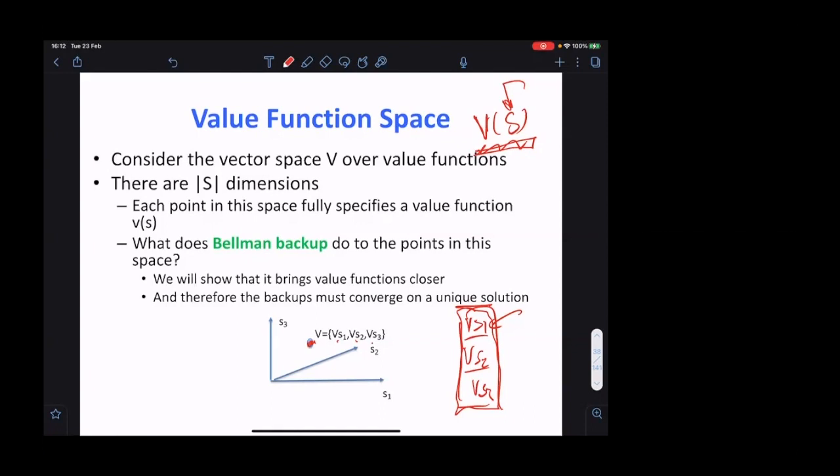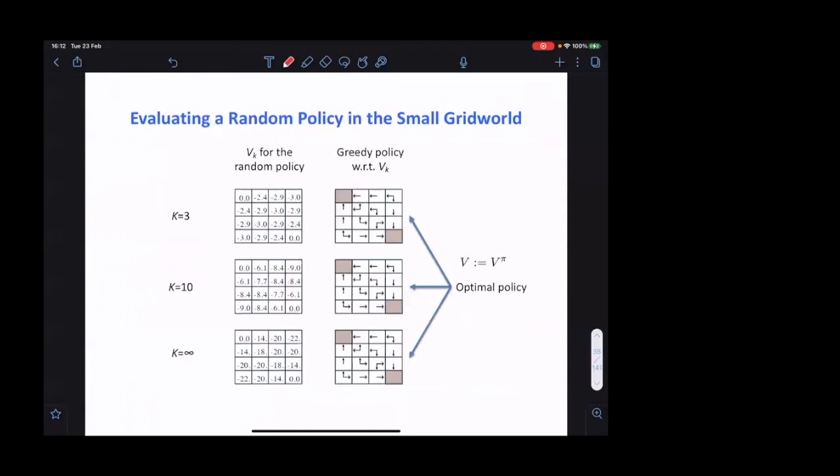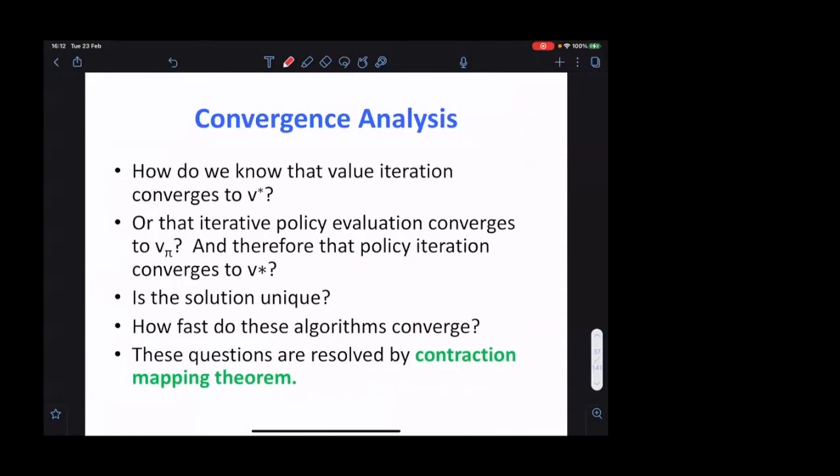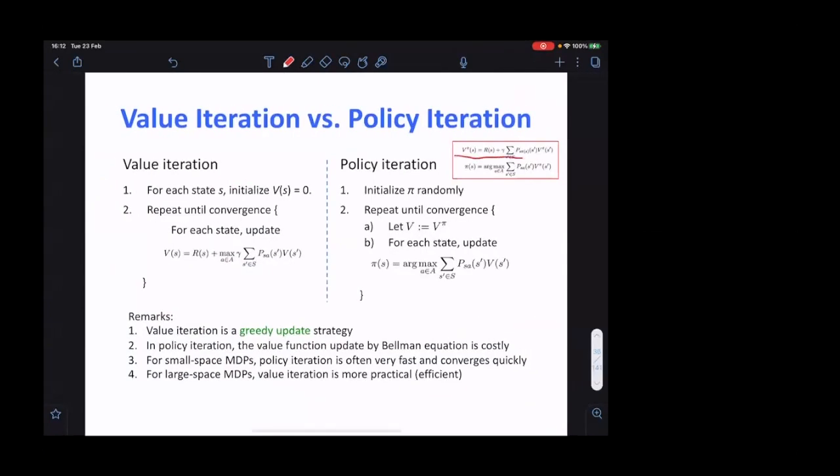So think about this, that the function is a vector. And then the Bellman backup, when I say Bellman backup, I mean either this or this, the backup of the value function.